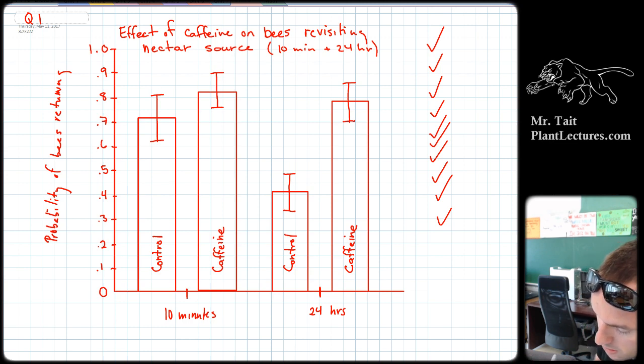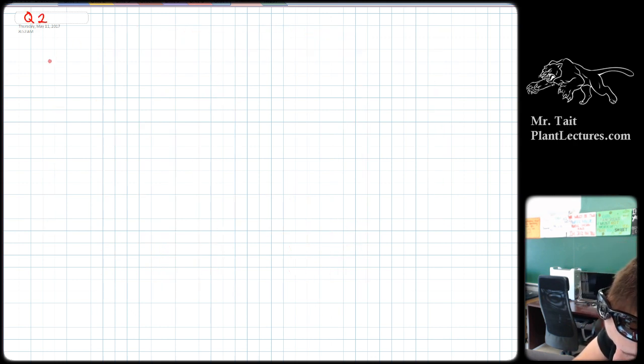Okay, so KAR alone affects the timing of seed germination. So we find KAR alone, right? And we can see that based on figure 1, this is A.1.